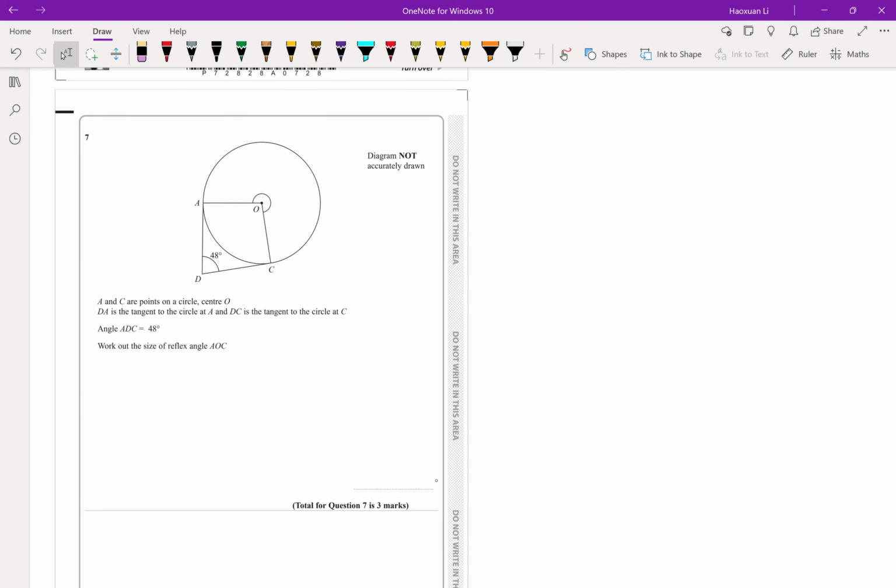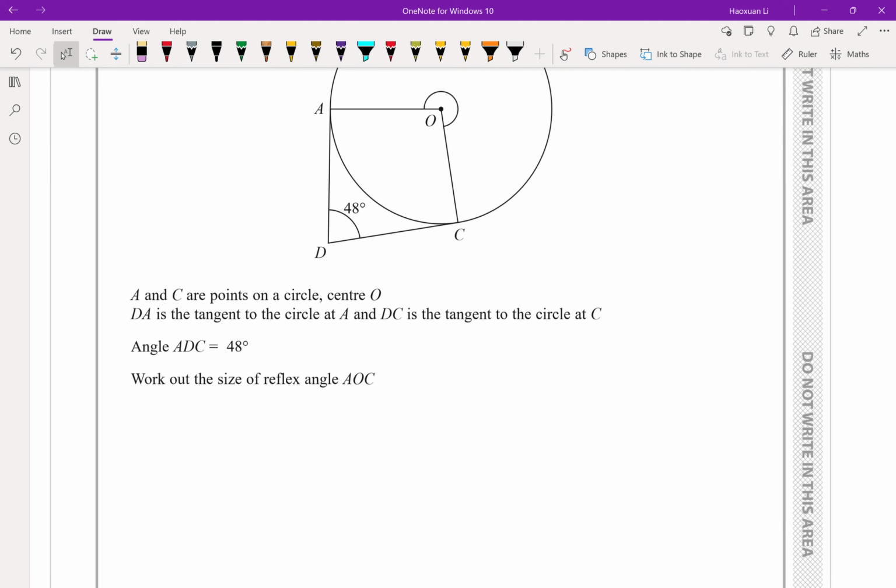Question 7. Circle theorems. A and C are on a circle with center O. DA is the tangent to the circle at A, and DC is the tangent to the circle at C. Angle ADC is 48 degrees. Work out the size of the reflex angle AOC.